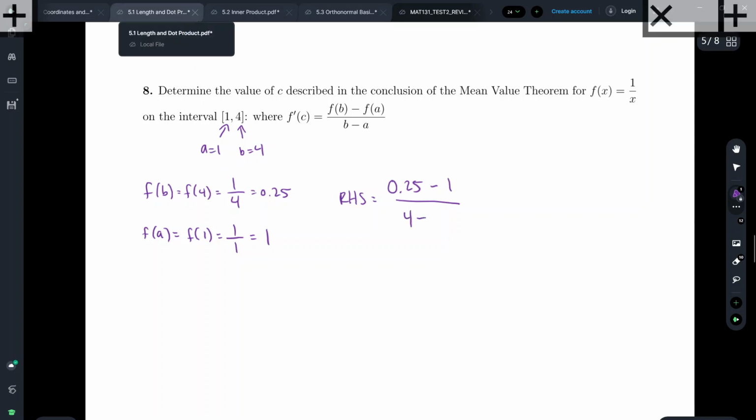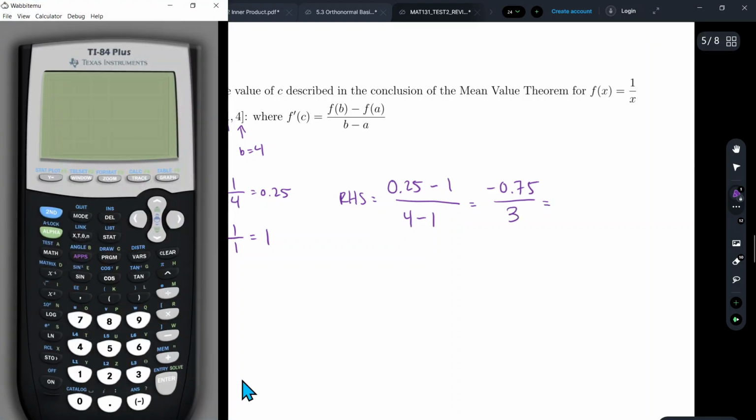So that's 4 minus 1. So now we just calculate this, right? So this is negative 0.75 divided by 4 minus 1 is 3. So what is this equal to? So it's negative 0.25.